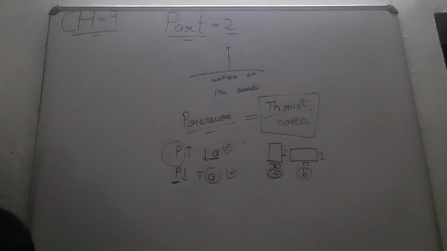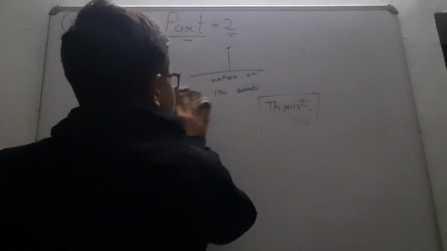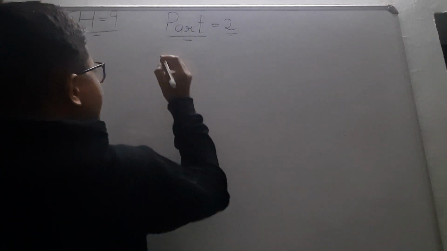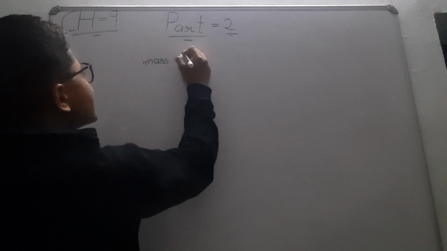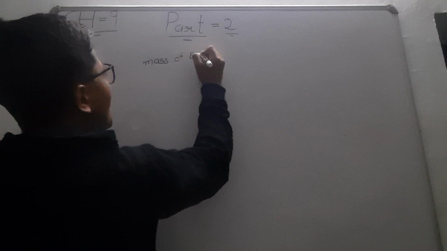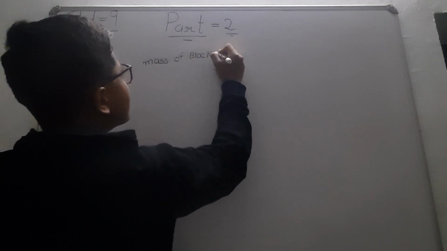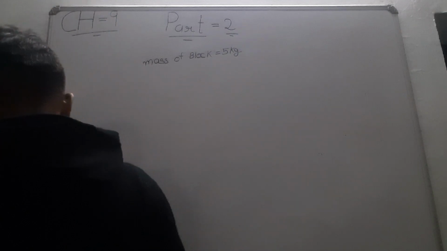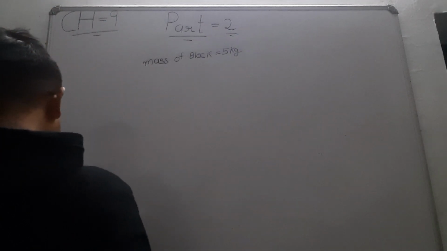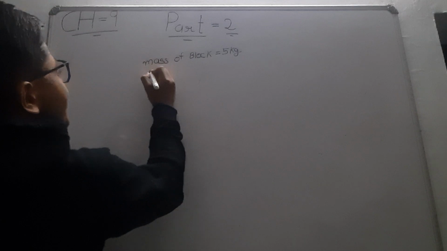Let's derive the formula. They have said the mass of the block is 5 kg. Then they have given the dimensions.